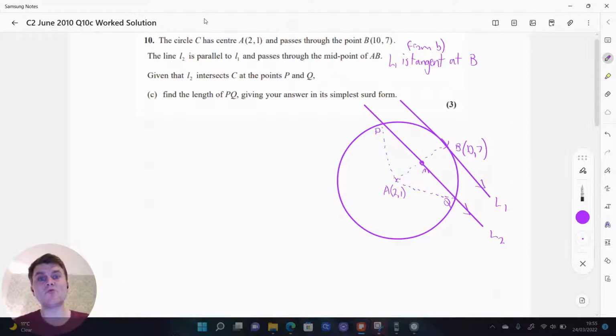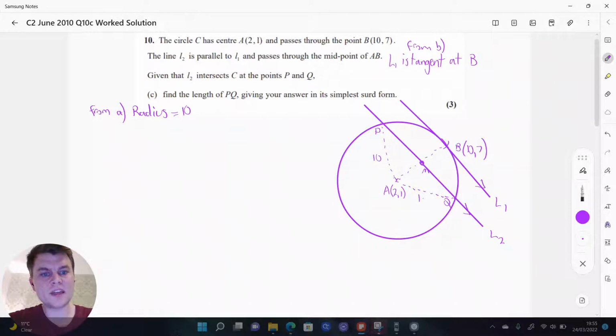That is the radius. Another note is from part A, we found the radius to be 10. So the length here is going to be 10 and the length here is going to be 10.